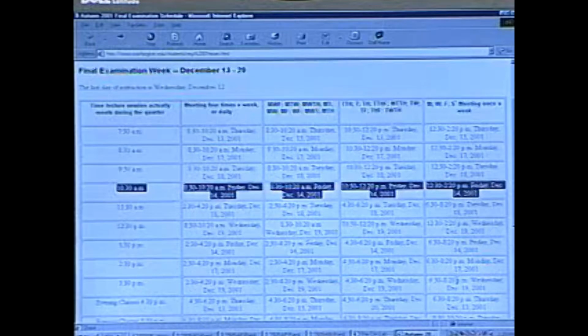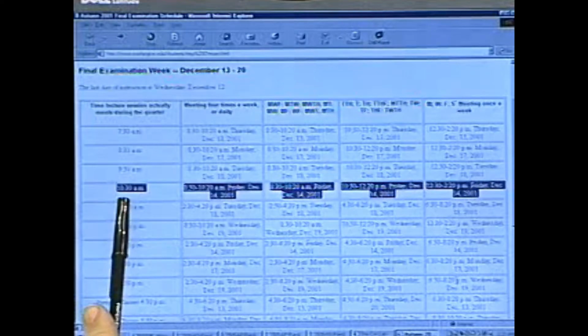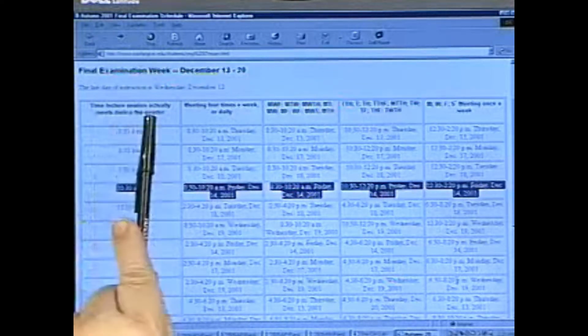During our break, we talked a little bit about the final. I looked it up here on the web. This is from the UW web, and it looks like the last day of instruction is Wednesday, December 12th. That blows me away. Boy, the quarter went quick. But haven't we had fun? Here we have 10:30. I'm sure you can read that. These are the times we're supposed to meet.